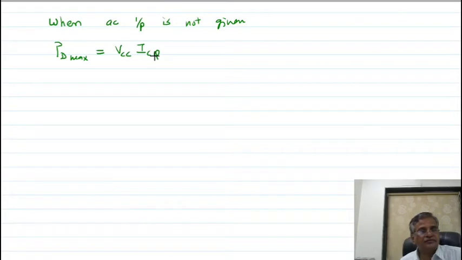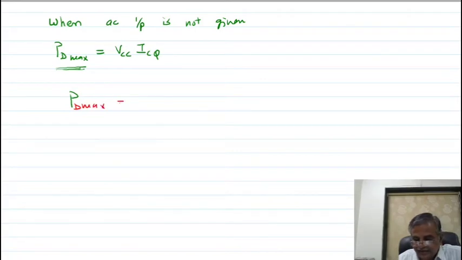Already I told you, when AC input is not given, then maximum DC power is dissipated in a transistor. So in a quiescent condition, remember the word, maximum power will be dissipated in a transistor. How much? This much.